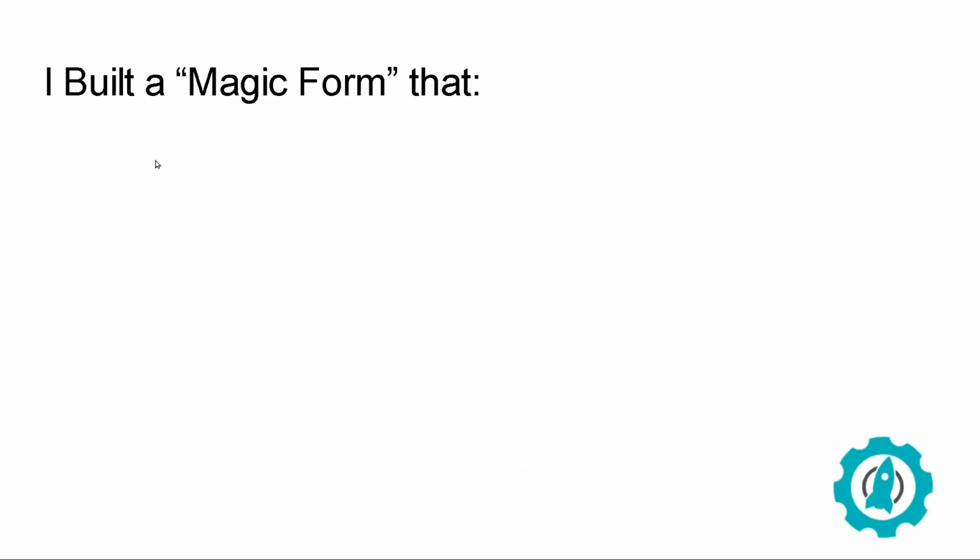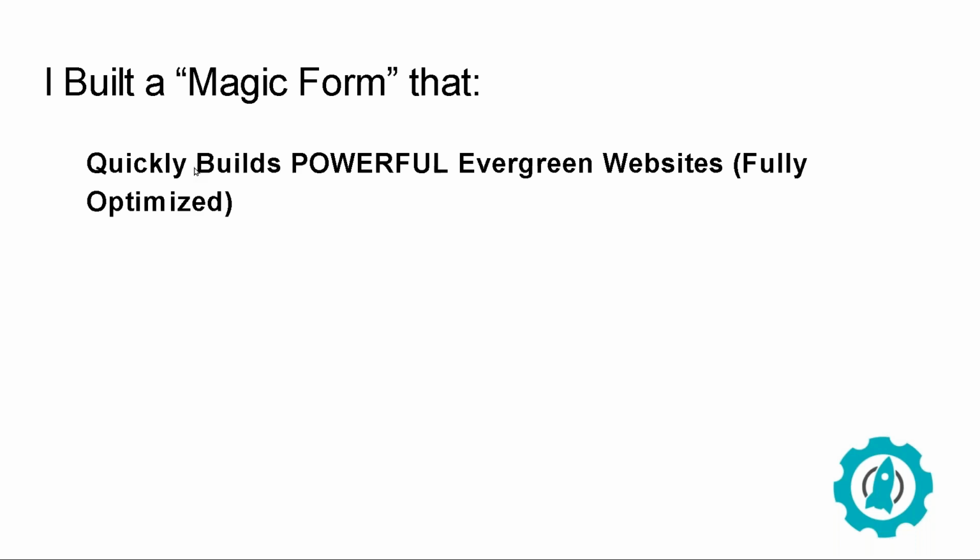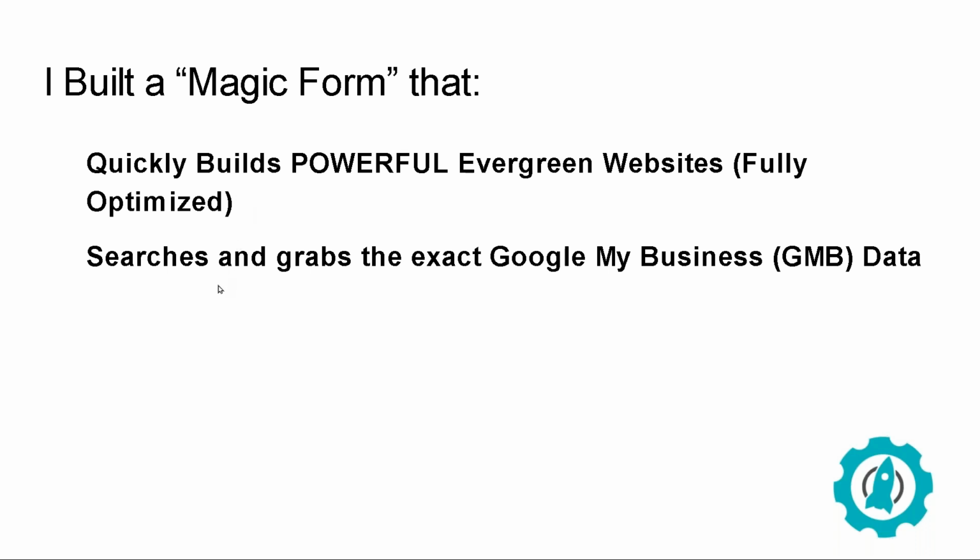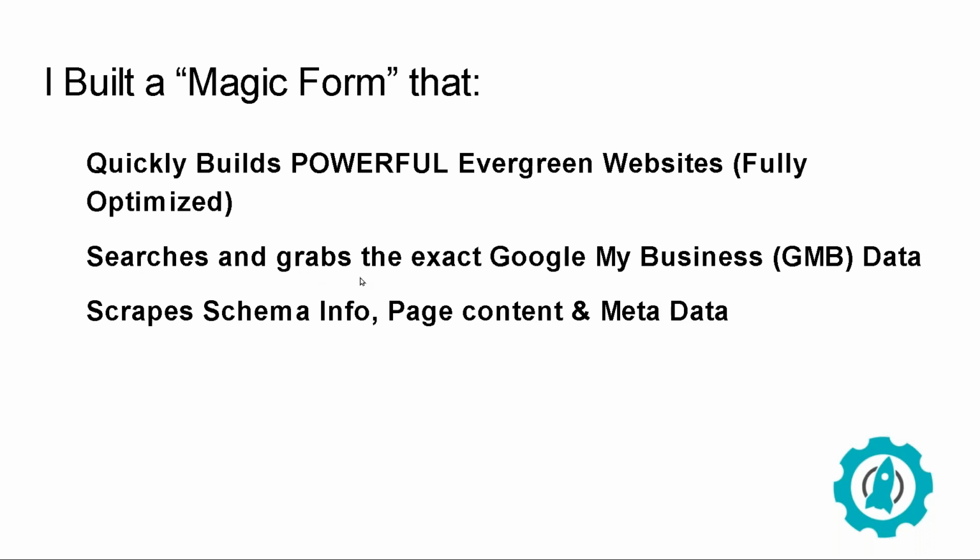So I built a magic form, which we call the magic form, based on the Magic Page plugin. And from that form, you can build powerful evergreen websites, fully optimized, okay? It grabs the exact Google My Business data so that you have it locked in.